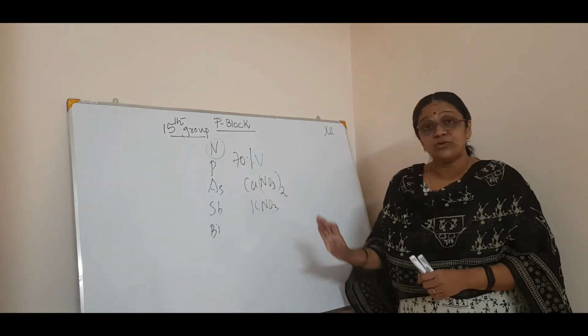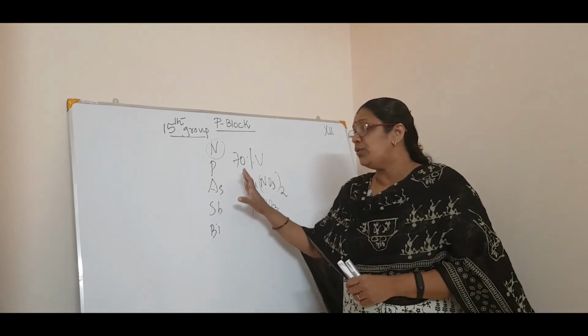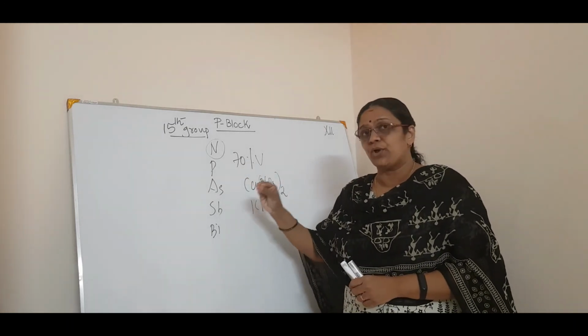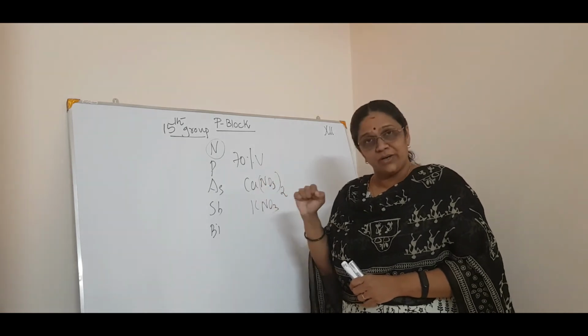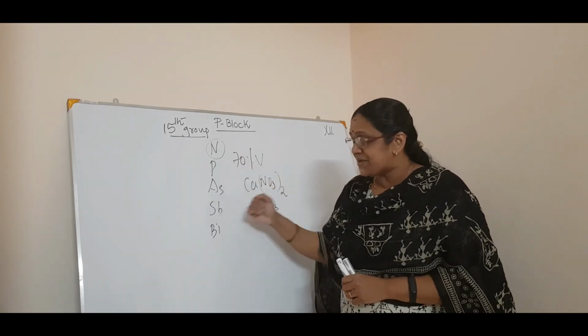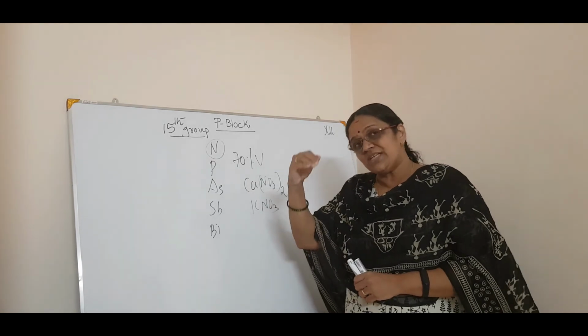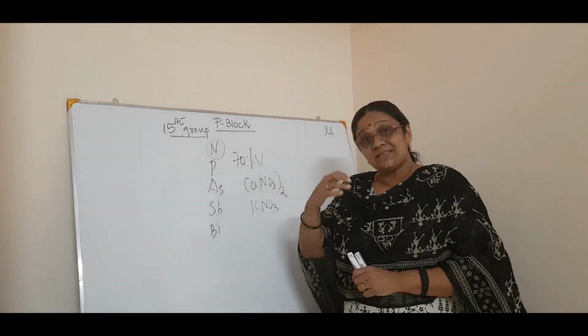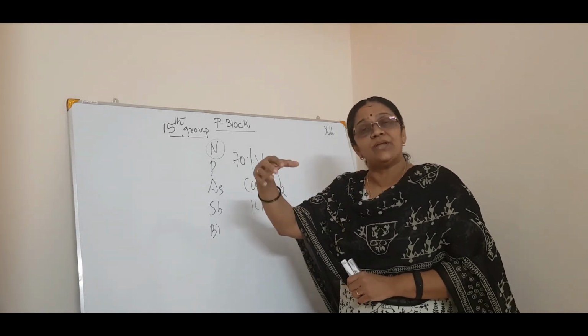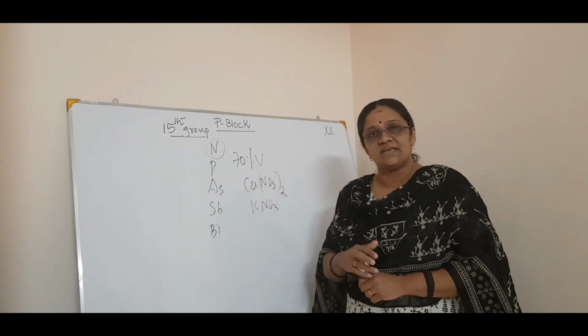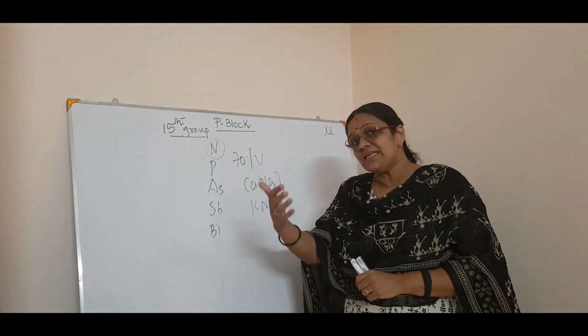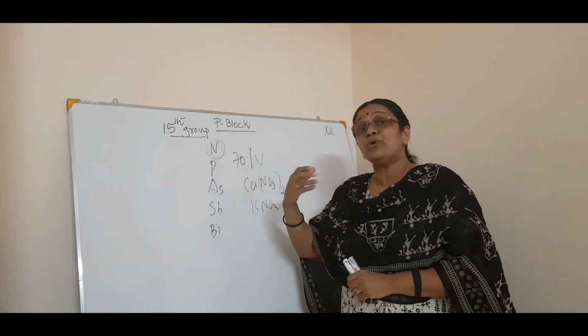Now, coming to the trends, what you want to know about the 15th group. As I said, if you are thorough with one group like the 15th group, how the trends are going in the 15th group, exactly similarly you can apply it to the 16th and 17th groups, no problem. The 18th is different, that is the noble gases. But the 16th and 17th will be easy if you know how to apply that.